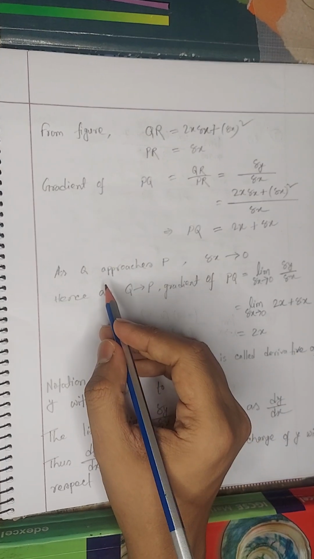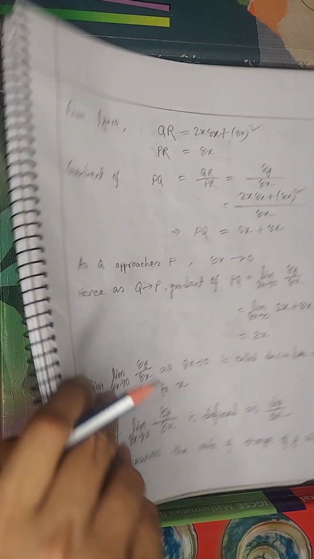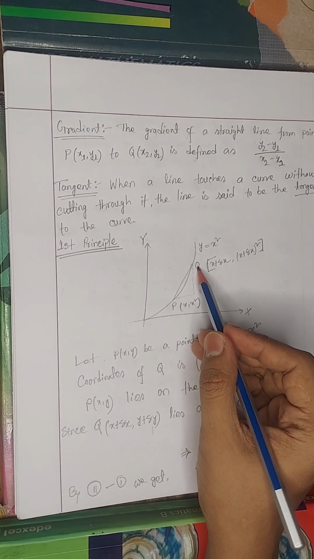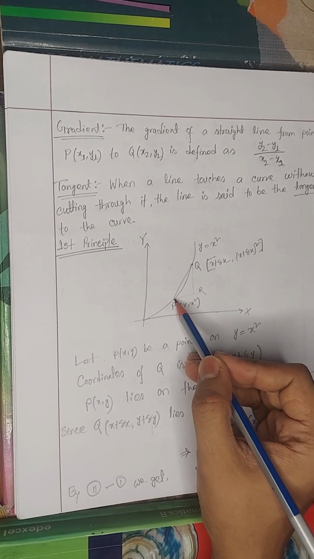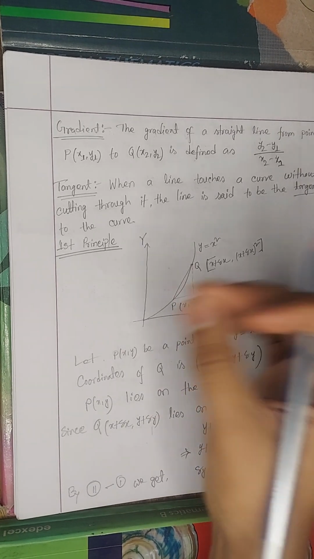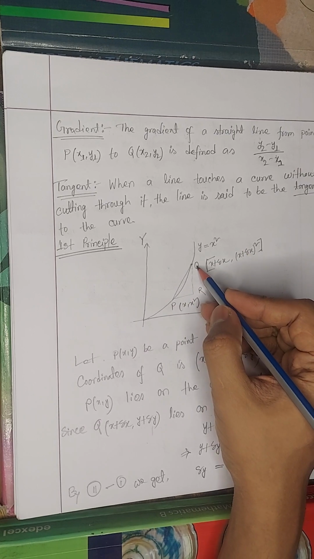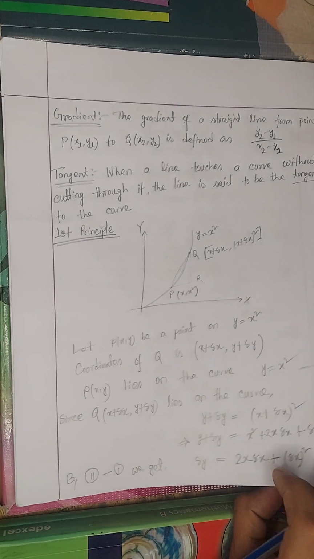Now as Q approaches P, we see that the point on the curve, Q lies here and P lies here. If the distance between PQ decreases, that means if Q approaches P, what will happen?